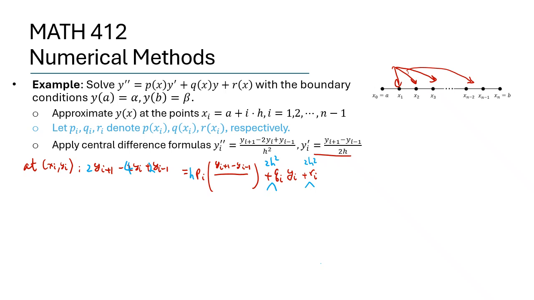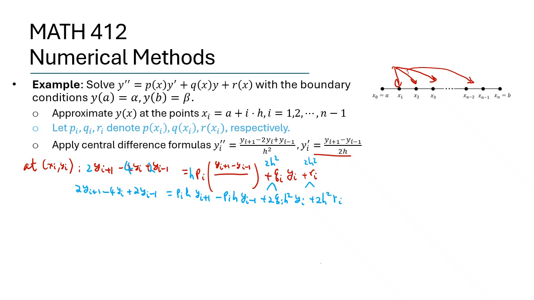So this is 2y sub i plus 1 minus 4yi plus 2yi minus 1 is p sub i h yi plus 1 minus p sub i h yi minus 1 plus 2 q sub i h squared yi plus 2h squared r sub i.